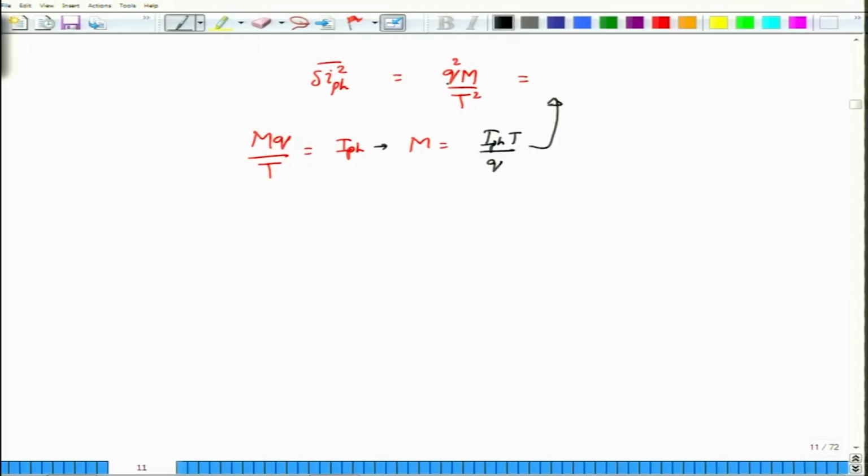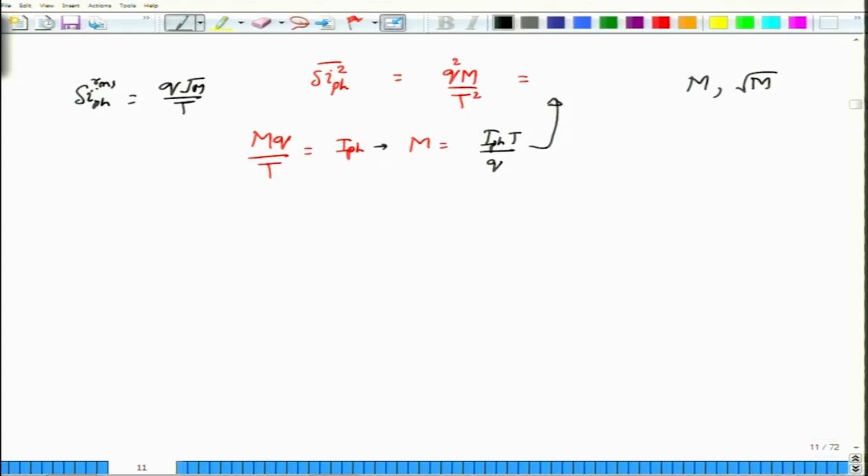Please note that we got this q square m by t square because the RMS value was q square root of m divided by t. Why? Because this is precisely what we said: the Poisson distribution with an average value of m will have a variance of m, that is, a standard deviation of square root of m. So square root of m photon pulses would give you an RMS current of q square root of m divided by t.